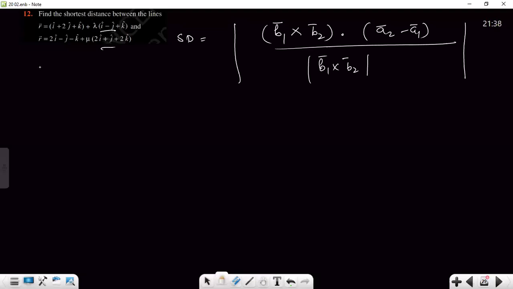A2 minus A1 is simple. Let's consider line 2 as line 1 and so on. So A2 minus A1 vector is (2 minus 1) i cap, minus 1 minus 2, that is minus 3j cap, and minus 1 minus 1, so minus 2k cap. That is the A2 minus A1 vector. Let's find B1 cross B2.